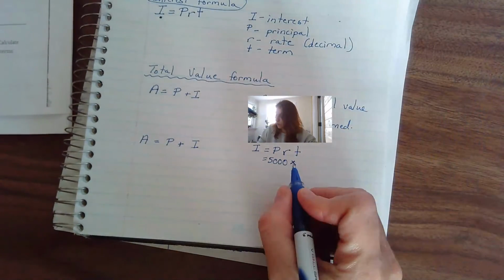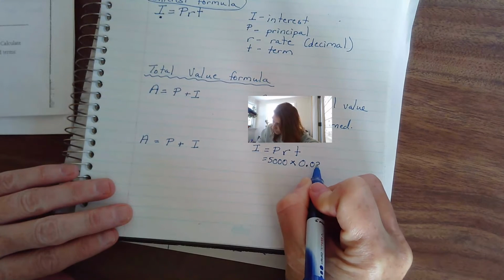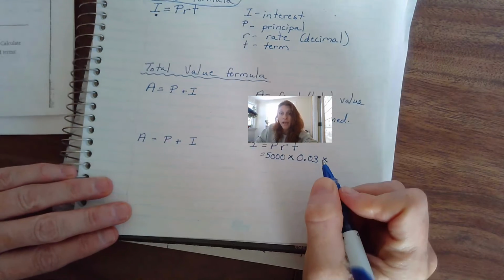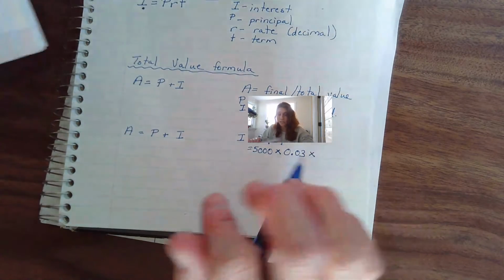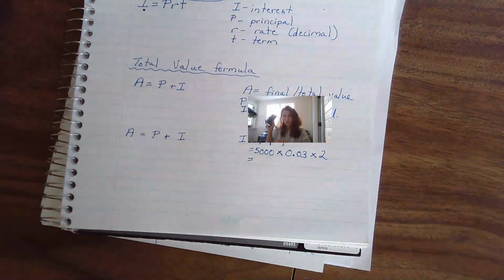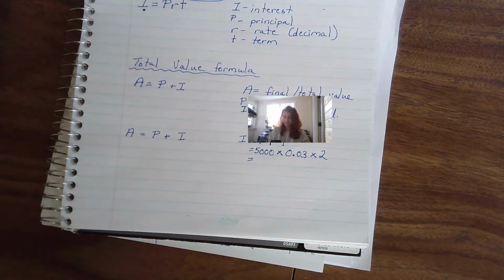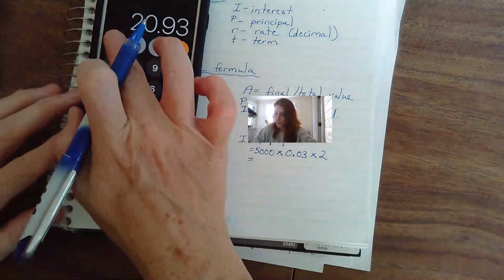Okay, so our rate was 3%, so 0.03 times how long are you going to get that rate for? The question tells us a 2-year term, times 2 years. Okay, so all you do then is you take out your calculator and we're going to find the interest.